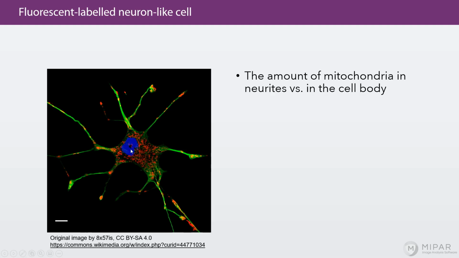Then we have the nucleus in blue in the center, and the mitochondria of the cell stained in red. We want to characterize the amount of mitochondria that are in the neurites versus in the cell body. So as a percentage, how much is in the neurites, how much is in the cell body.